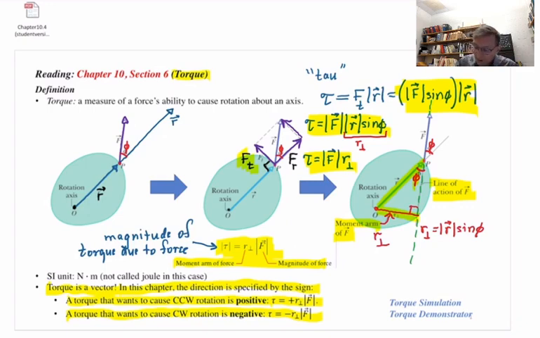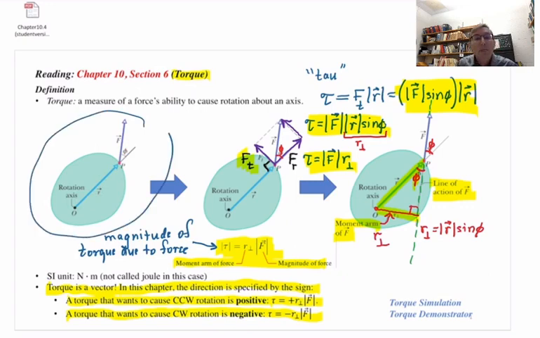For example, go back to this picture. Let's go to the very first one, the very first picture here on the left. You do have to be able to visualize, for the given axis, the given point P where the force is acting, and the given direction that the force is acting in, which way the object would rotate. In a situation like that, just think of it this way.